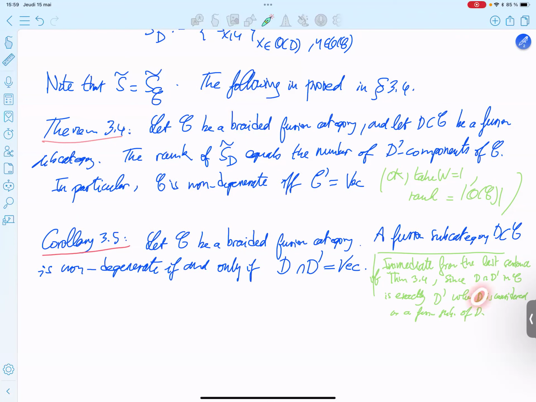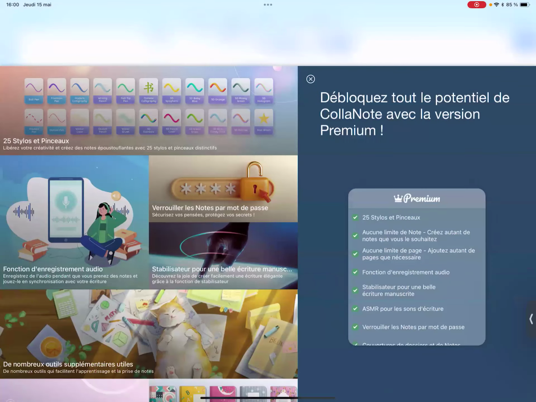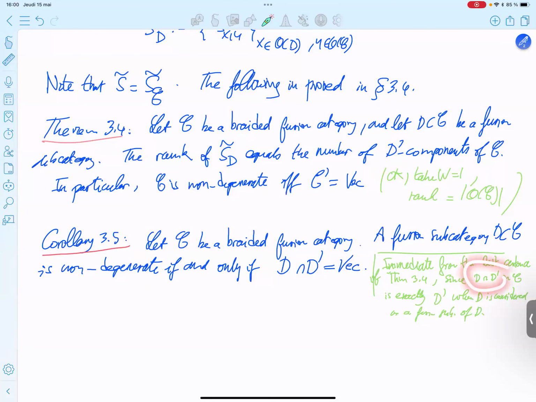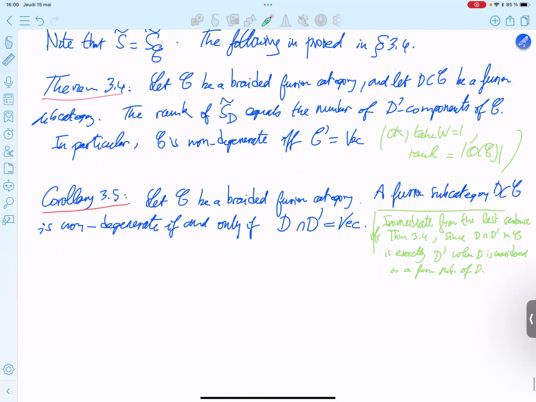D can be seen as a subcategory of D, and in this case you can apply this, but it's immediate to see that this is the same thing as that. So let's continue.